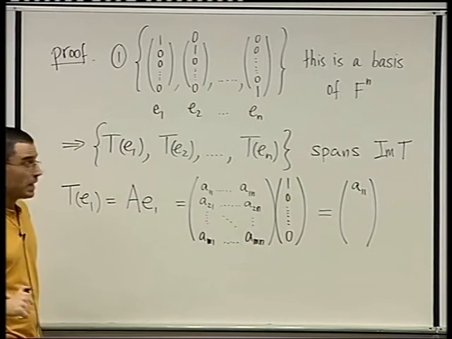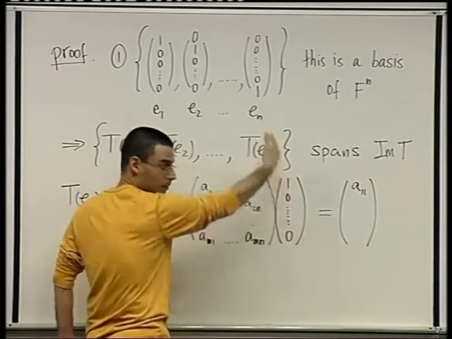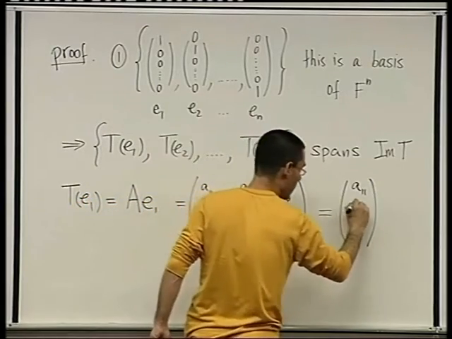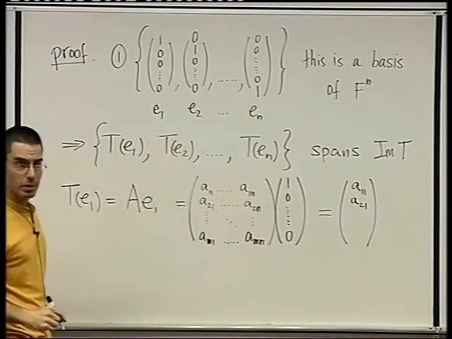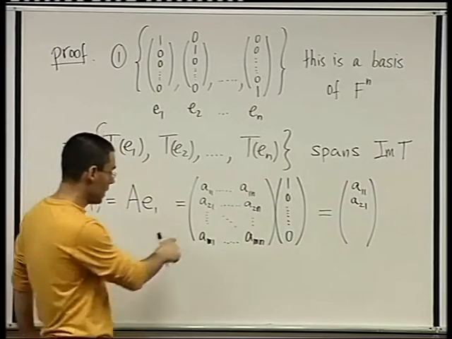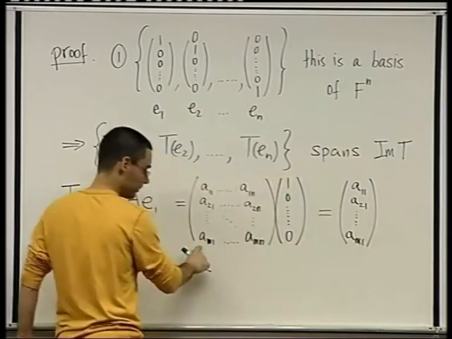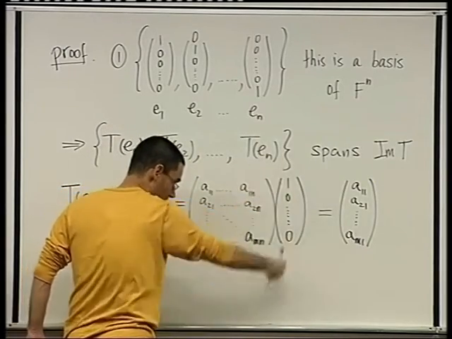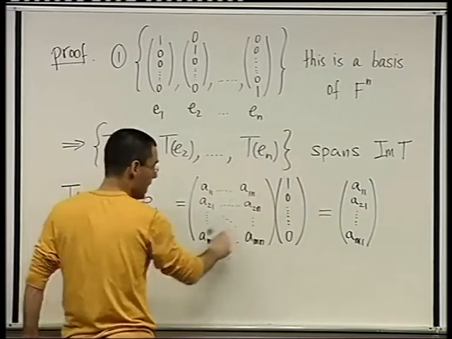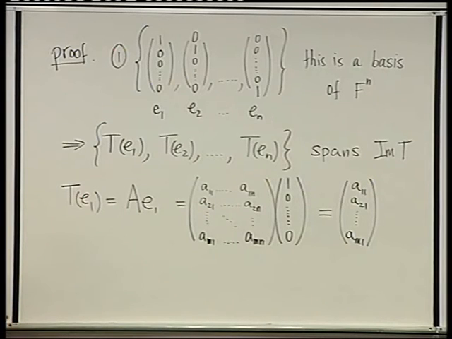The second entry is this row times this column. Only A21 hits the 1, all the rest get multiplied by 0. Likewise, all the way up to AM1. The last entry is the last row times the column E1; only AM1 meets the 1 multiplicatively and survives, the rest hit 0 and die.